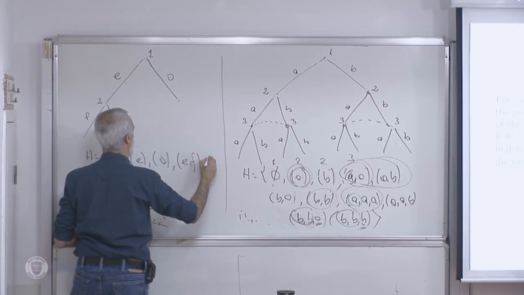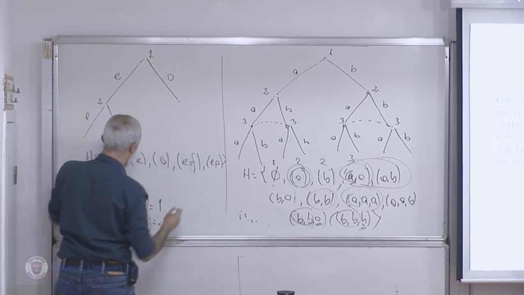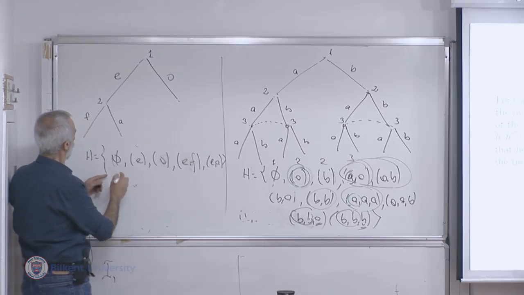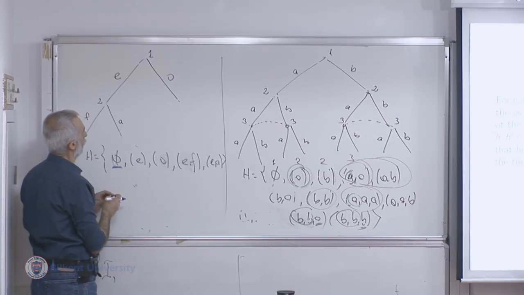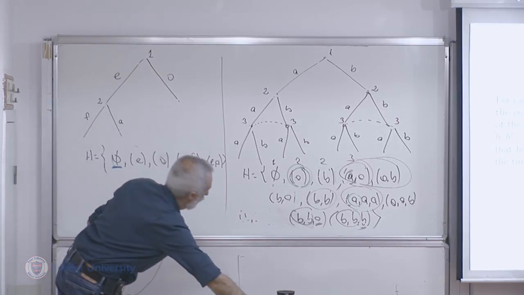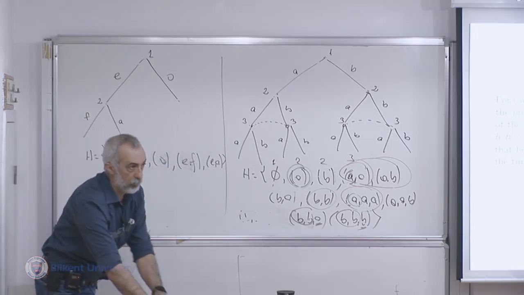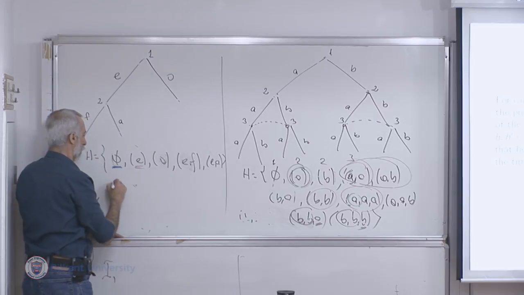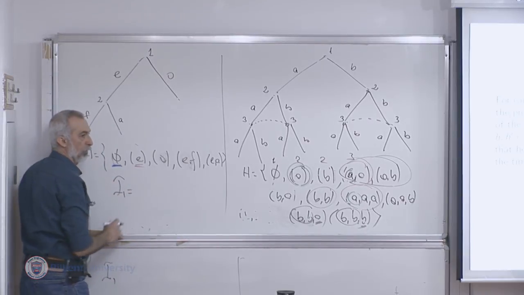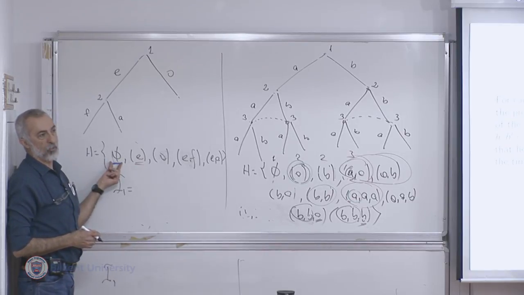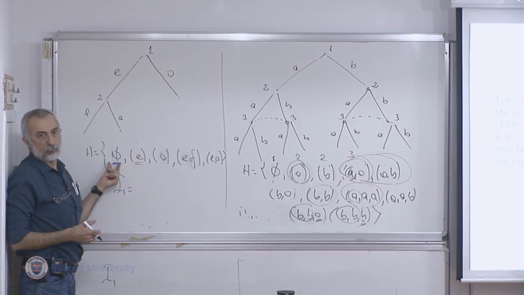Player one takes an action at this node, and player two takes an action at this history node. So in this case, it's very easy. The nodes that agent one takes an action at is only the empty history. So it's a set with only one element.